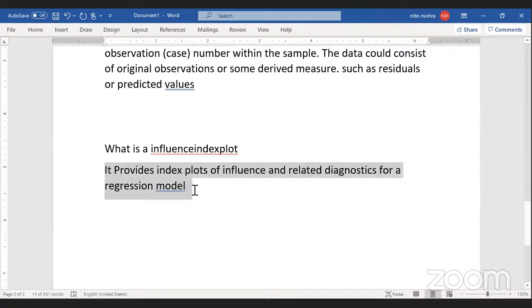Right. So there you go. I, of course, mentioned it as a command here. You can say influence index plot. That is what it is.